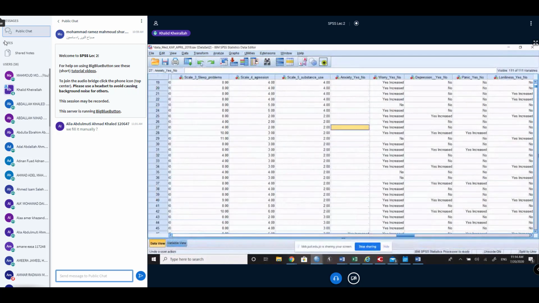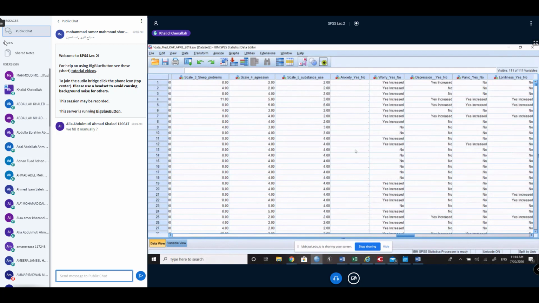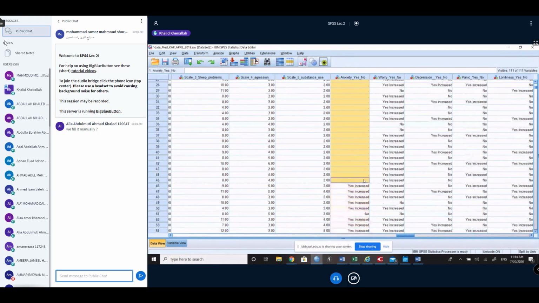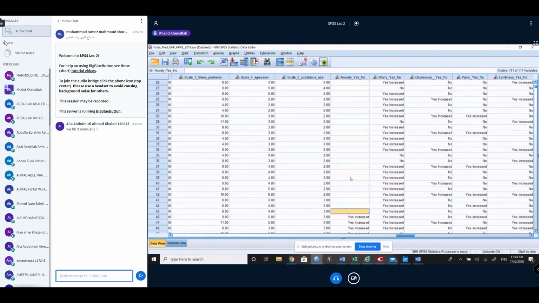We can go back and undo here. I didn't like it. So we actually did miss the data. This is one of the problems. Undo doesn't work all the time. So these cases are now actually missing.